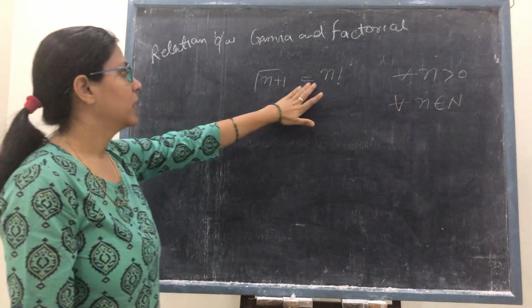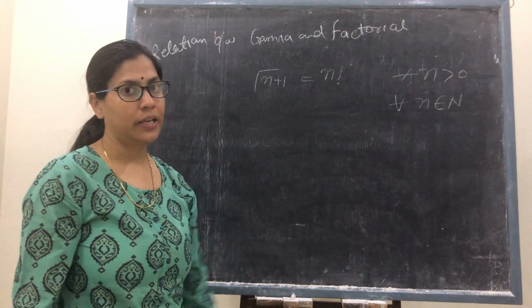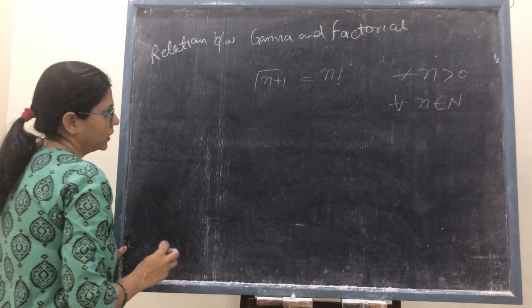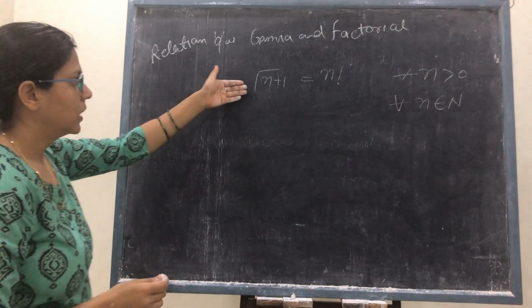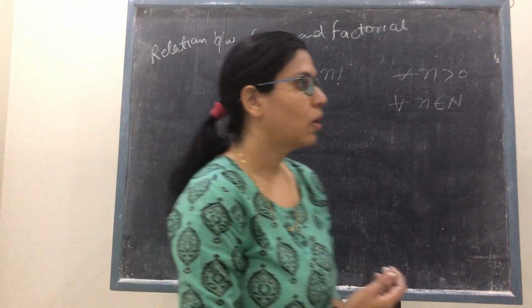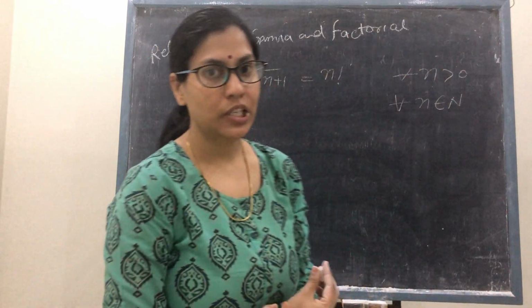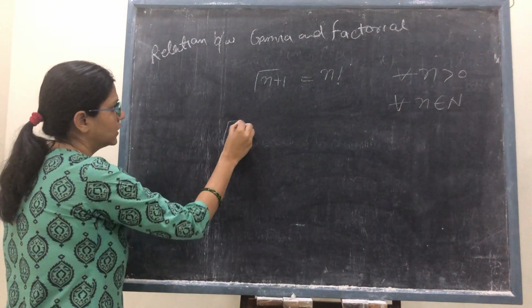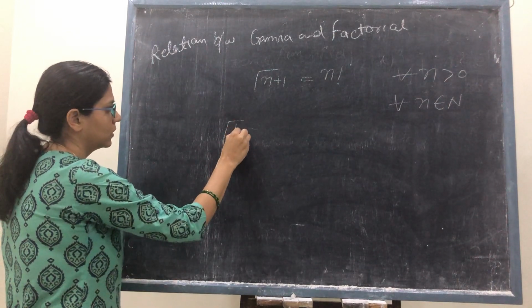Gamma of n plus 1 is factorial n. So first of all, we will show this formula using mathematical induction. First, we will take gamma of 1.